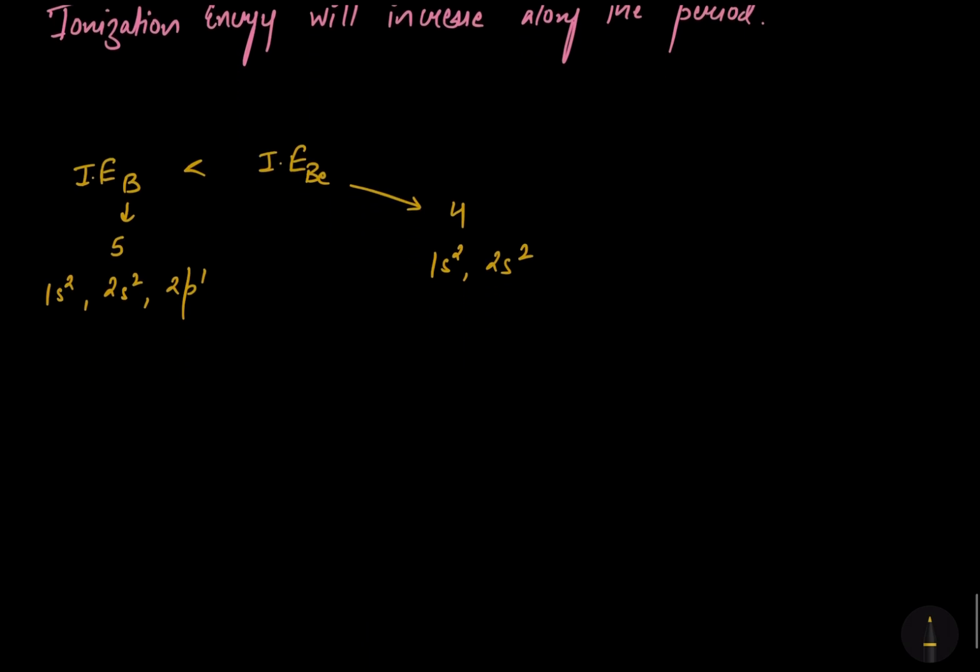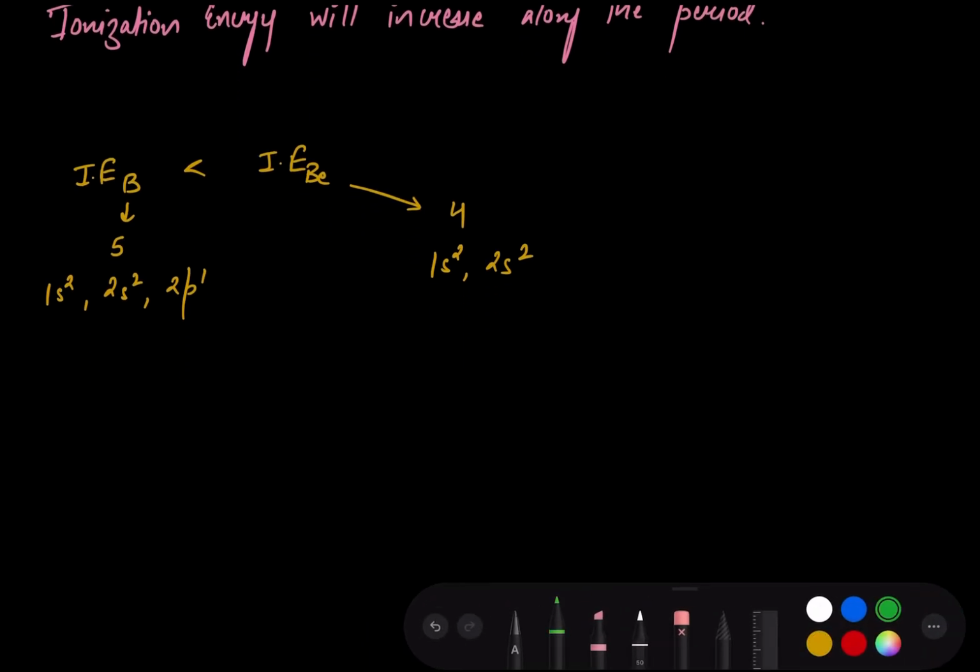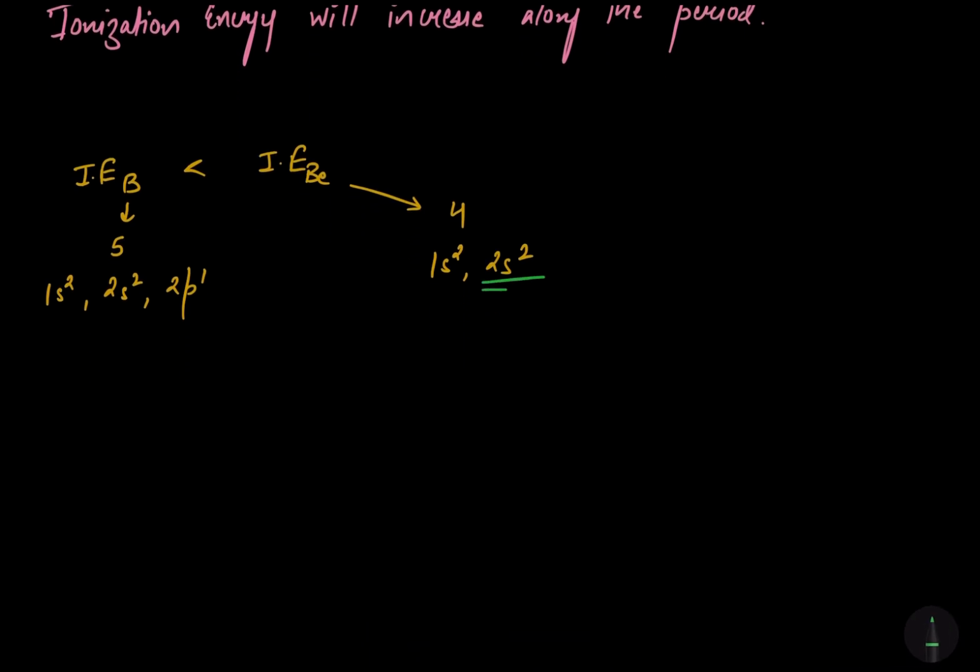Now, firstly, the electron to be lost by beryllium is the s orbital electron.